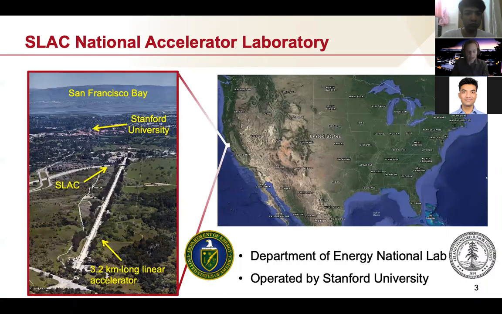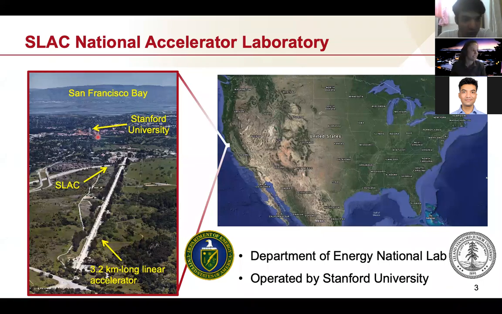So SLAC National Accelerator Laboratory. Since I expected the audience to be somewhat global, I put us on the map of the United States. So we are sitting, let me get my pointer, here in California. It's 6:30 in the morning, so it's still dark out. But when the sun rises, we are sitting right next to the San Francisco Bay.